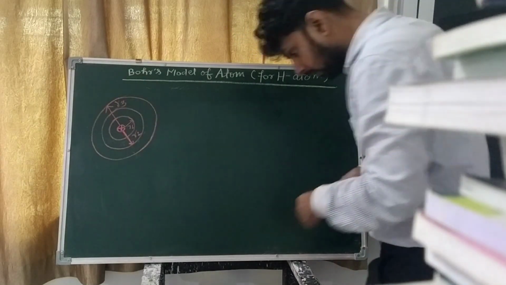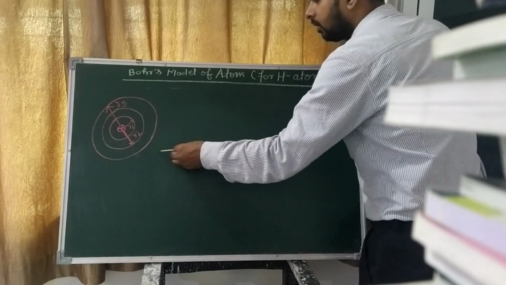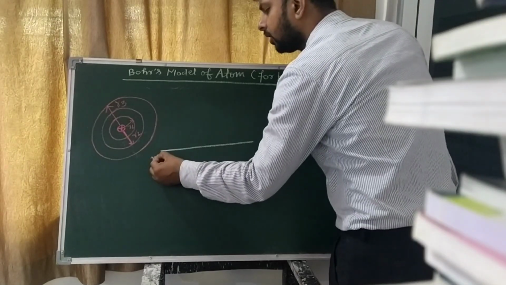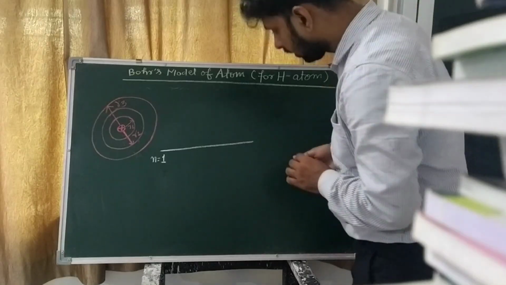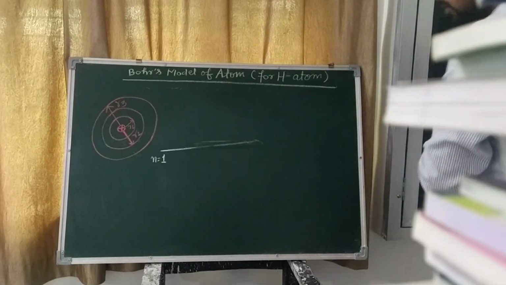So we have come to know, students, that here will be the first energy level, n is equal to 1. Not going straight. Let me draw it straight.